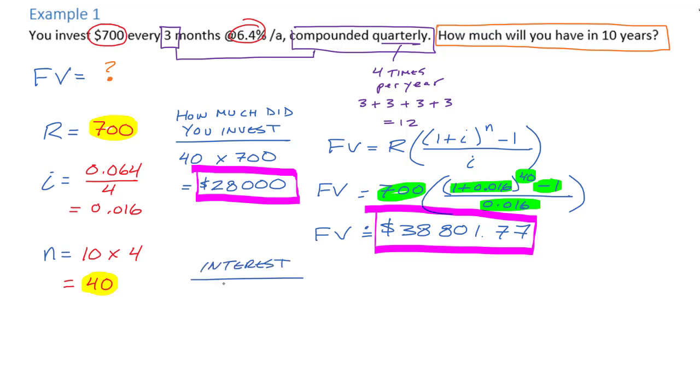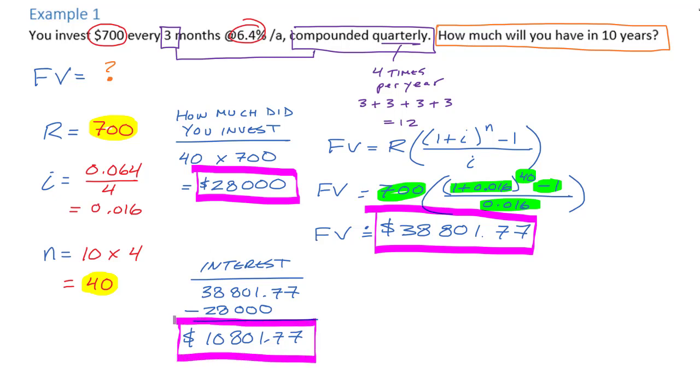Take our future value, 38,000, that's how much we actually got from the bank, and subtract the 28,000 that we put into the bank. When you subtract that, you end up with $10,801.77 in interest.